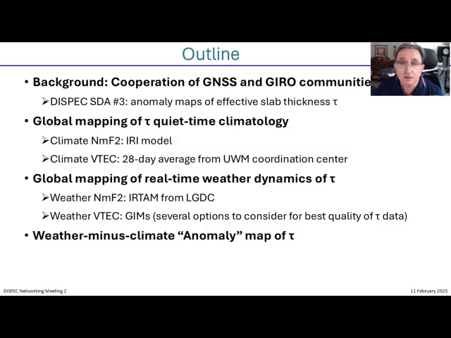Next, we will talk about real-time weather dynamics of tau, whose maps are computed using weather peak density from IRTAM, a real-time IRI project operated by Lowell GIRO Data Center, and weather VTEC provided by GIMs. Finally, the difference of two maps, weather minus climate anomaly map of tau, will be discussed.